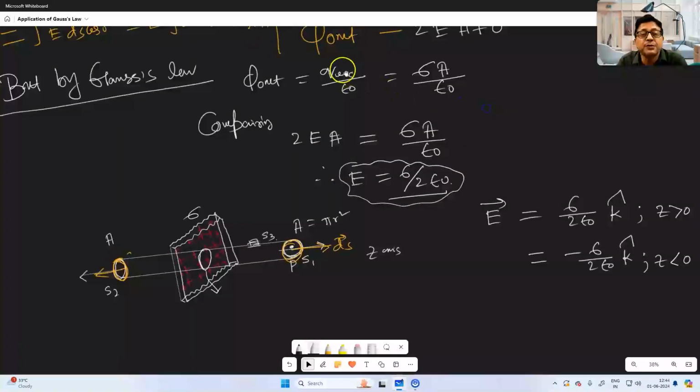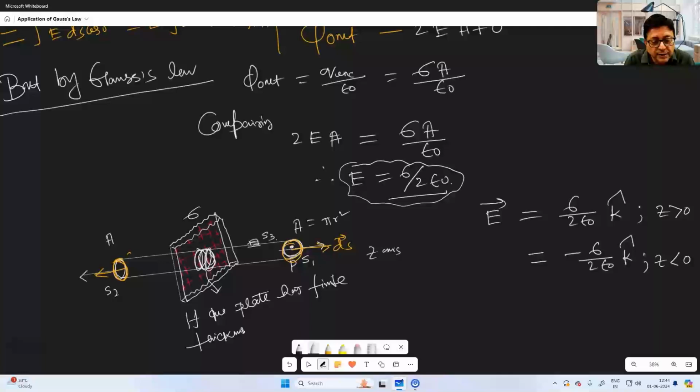You said that charge enclosed will be sigma A by E0, but when it has finite thickness, then charge will reside on the left side as well as on the right side. So phi out, if the plate has finite thickness, then phi out is going to be Q enclosed by E0.